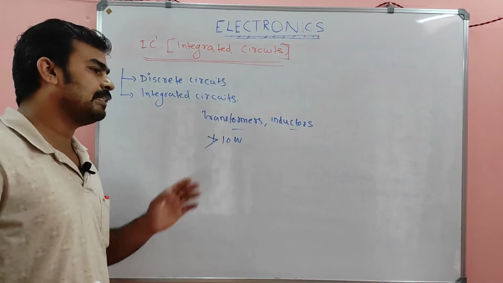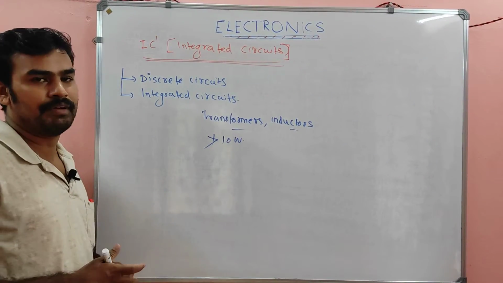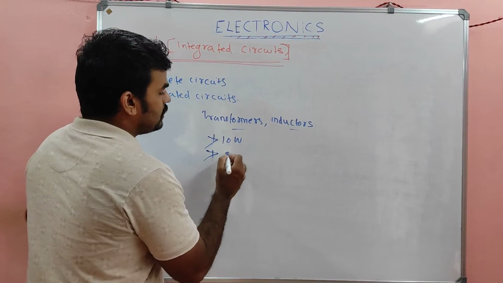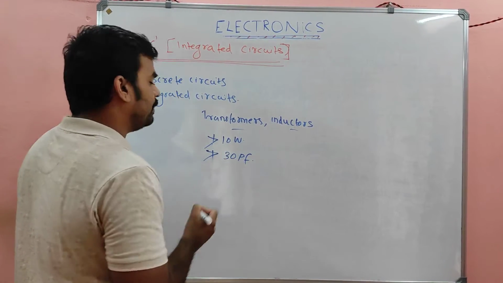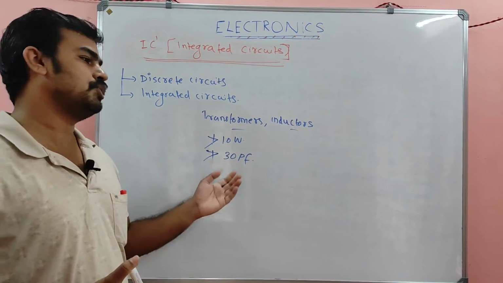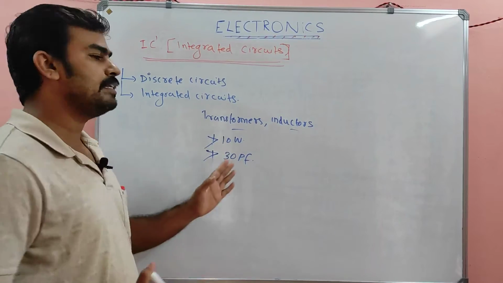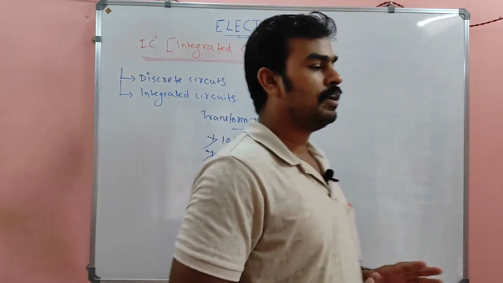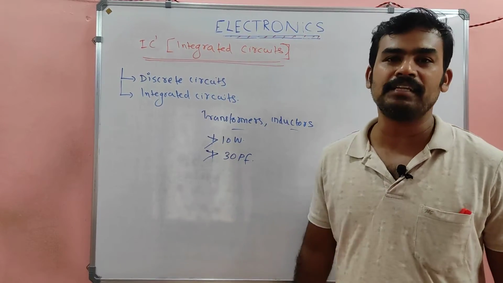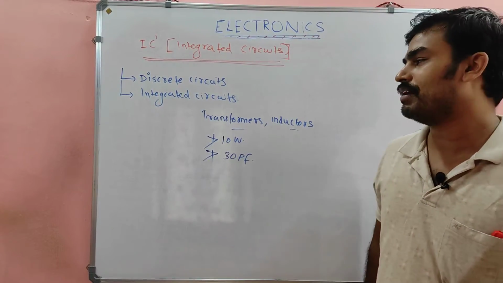So greater than 10 watt is quite difficult to manufacture, or impossible. And a capacitor value greater than 30 picofarad is very difficult to create. You can create a maximum of up to 30 picofarad of capacitance, but beyond that it is almost impossible.